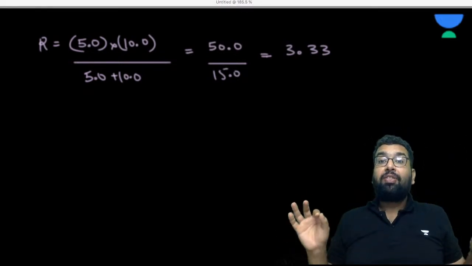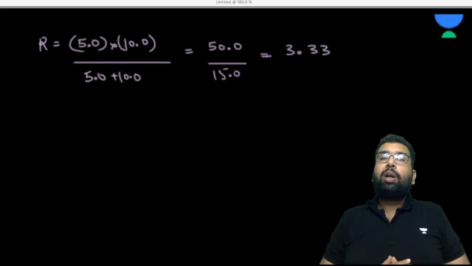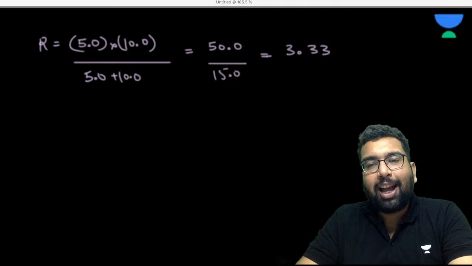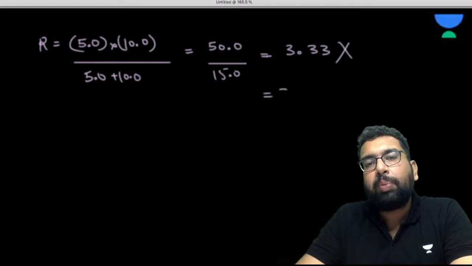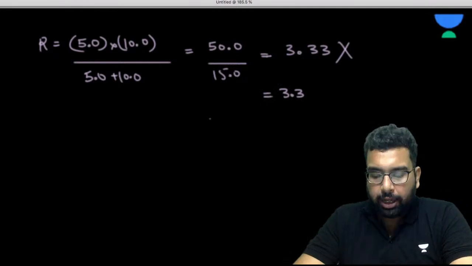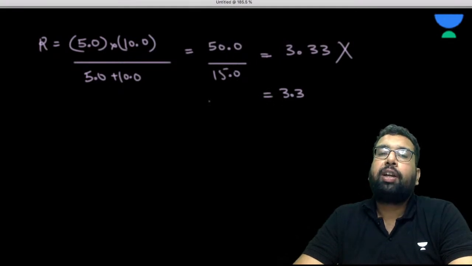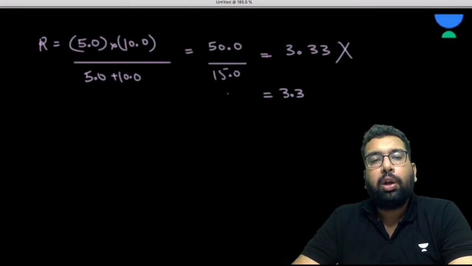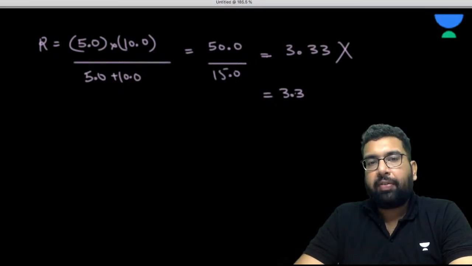Significant figures are a very important aspect, to be taken care of while dealing with error analysis. So this is not going to be the answer. It is going to be 3.3.